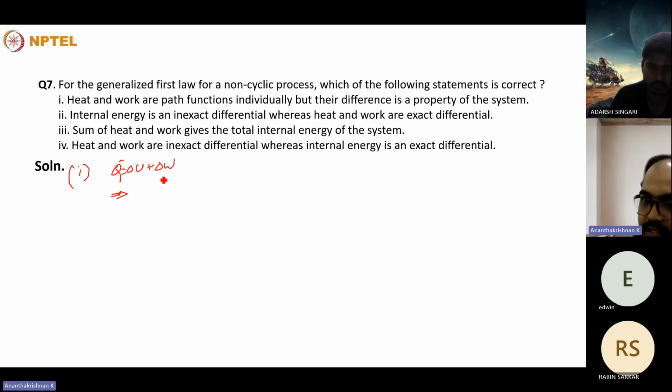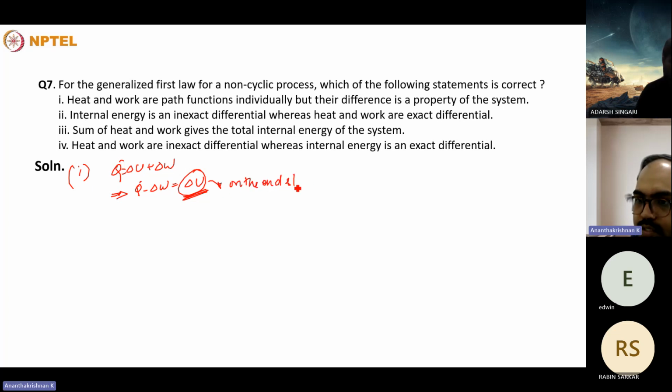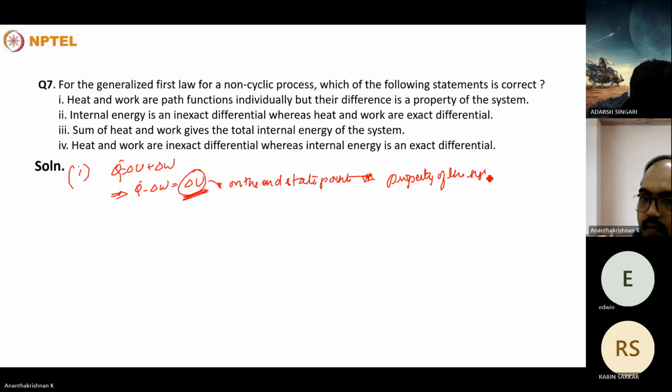Meanwhile their difference, Q minus W, is the change in internal energy, that is a property of the system that depends only on the end state points. So option 1 is right.